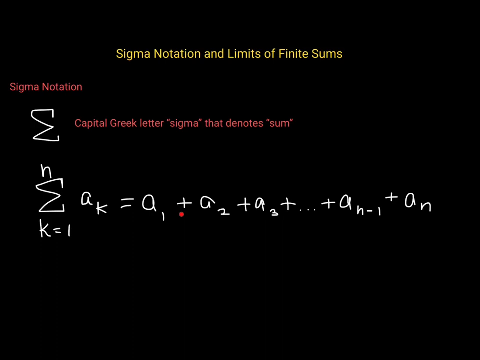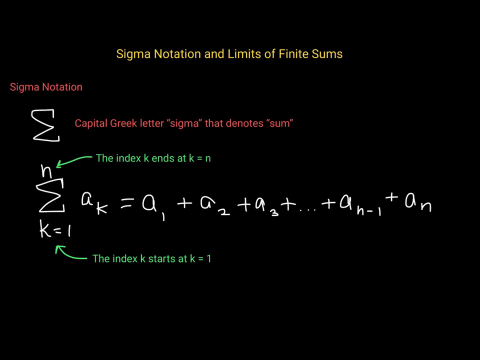So it is adding a bunch of terms, and you're letting this subscript start from 1, though it doesn't always have to start at 1. You start at whatever this value is here, and you go all the way through this upper limit. K in this case is called your index of summation, and this is telling you that your index starts at k equal to 1 and goes all the way through until k is equal to n.